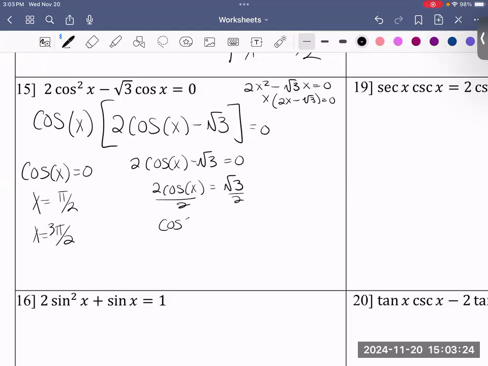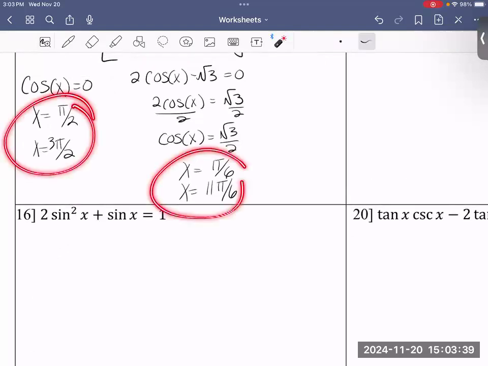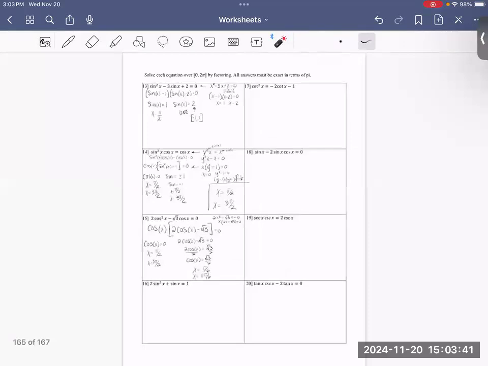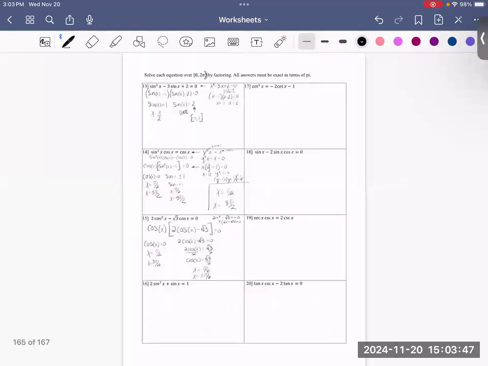So where is cosine equal to root 3 over 2? Well, that would be at pi over 6 and again at 11 pi over 6. So you have 4 responses here for your unit circle. And again, we're just evaluating from 0 to 2 pi. Again, I would probably do it where it's not including 2 pi because that's a little redundant.